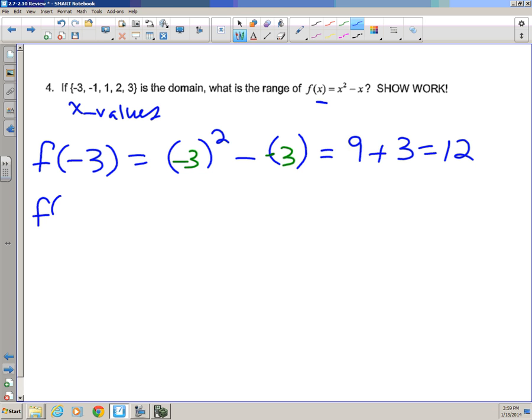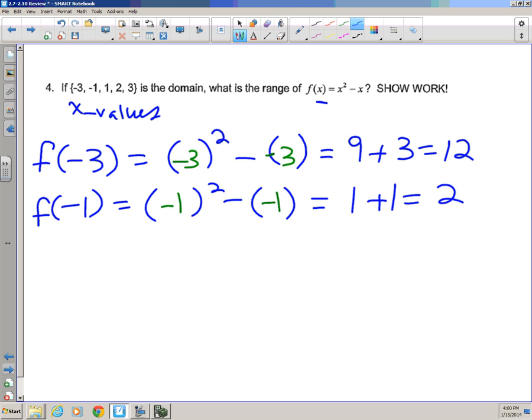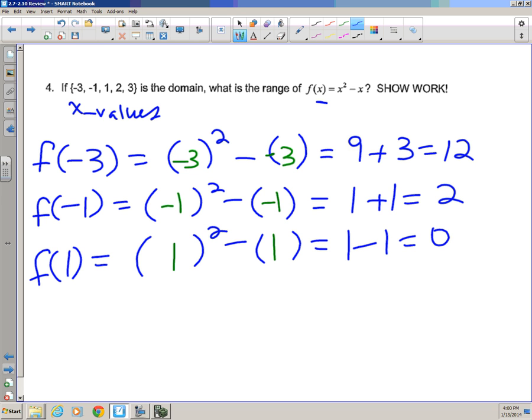When we evaluate the rule for f of -1, again it's x squared minus x. Plugging in -1, -1 squared is 1. 1 minus -1 becomes 1 plus 1, or 2. When you evaluate f of 1, it becomes 1 squared minus 1. 1 squared is 1, and 1 minus 1 is 0.